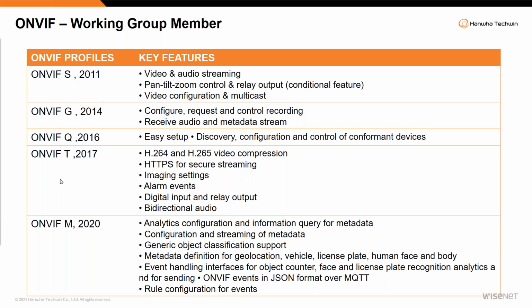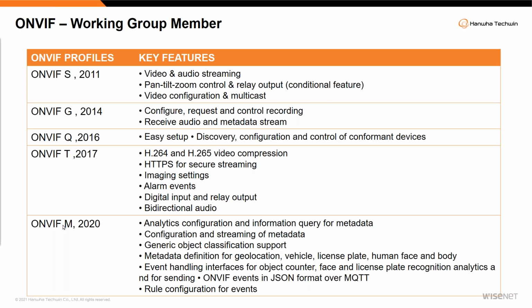It's like I can speak multiple languages: English, maybe another version of English, American English, European English, Australian English, Irish English, like that. So it's like different versions of the same language. Then ONVIF M was launched just during the COVID time. It is purely for metadata and AI based camera systems.